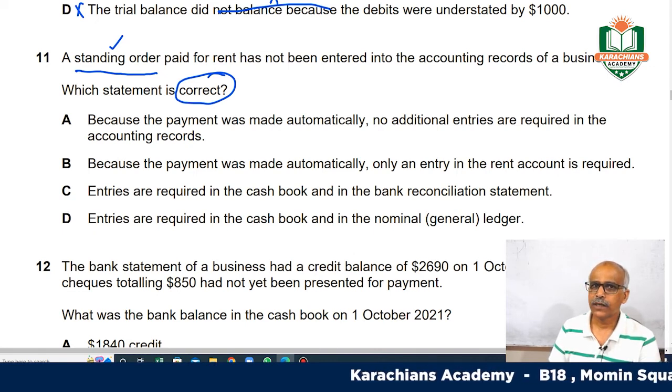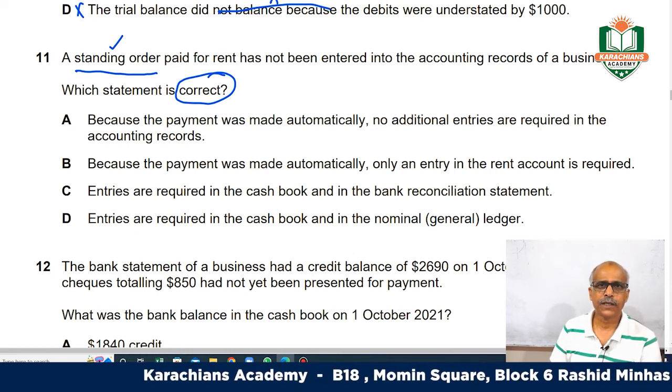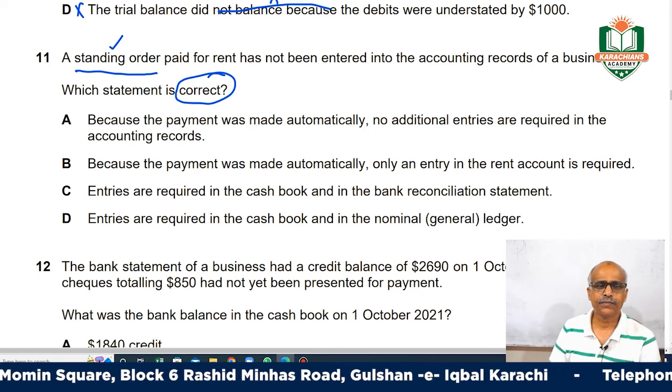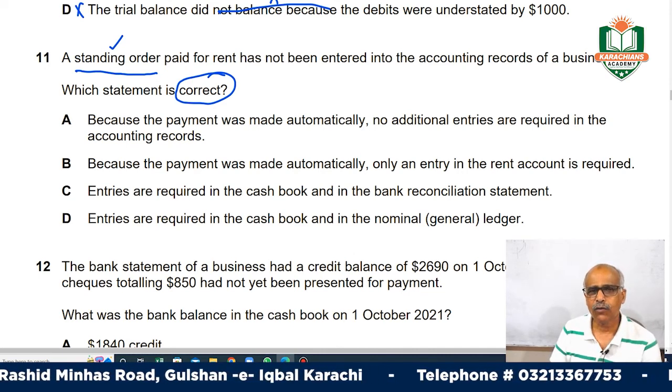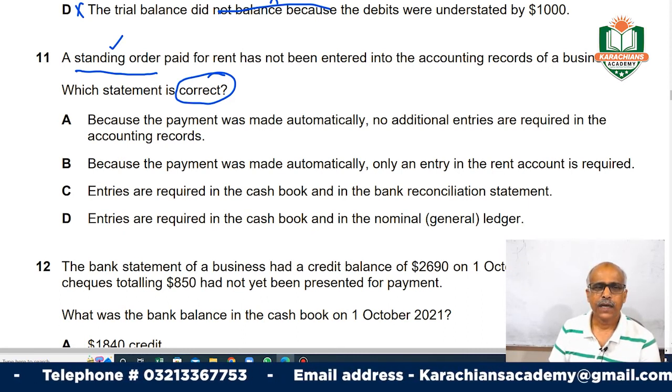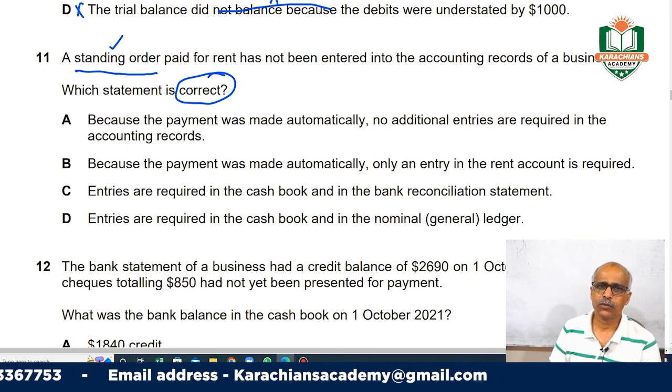That letter goes to the bank, and thereby you instruct the bank that on the 1st of every month, without informing us, you pay this amount and debit our account.